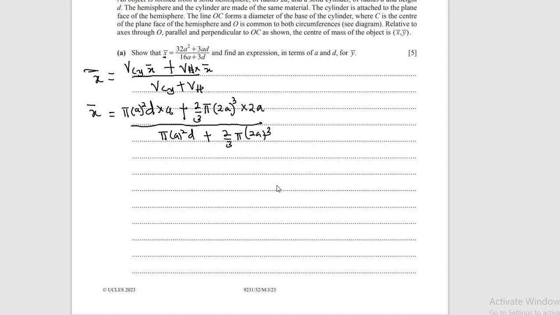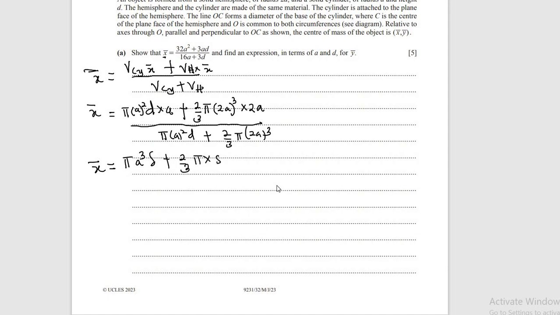Now let's simplify. From here we have pi. This will give us pi a cubed d plus 2/3 pi.